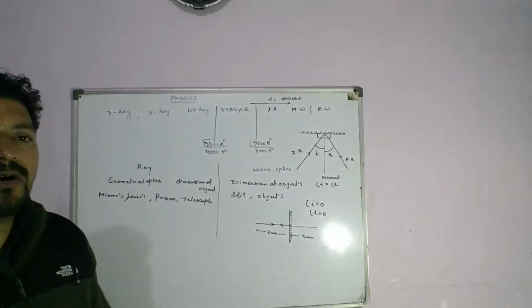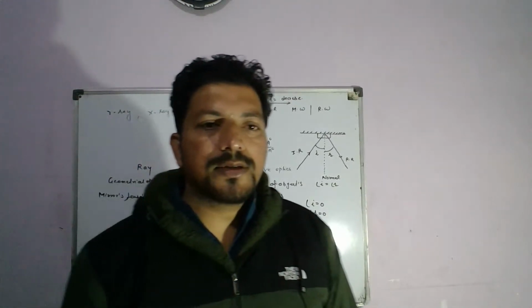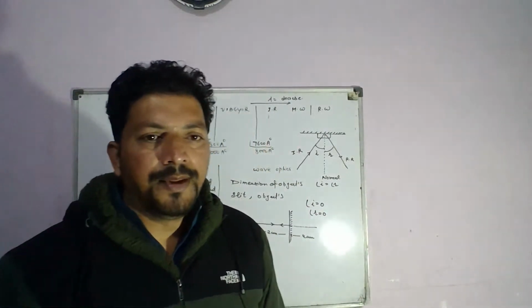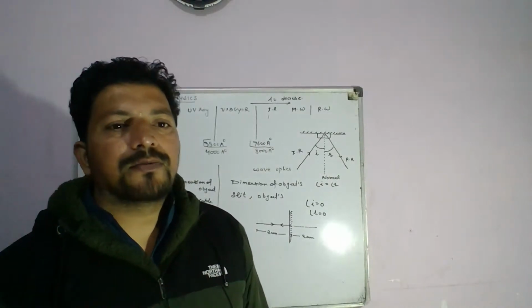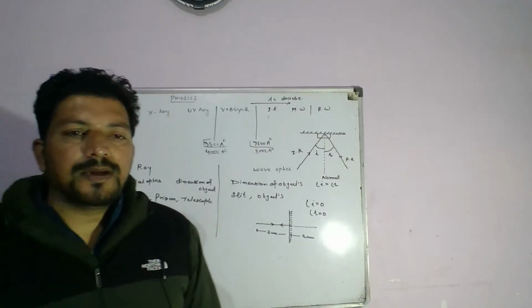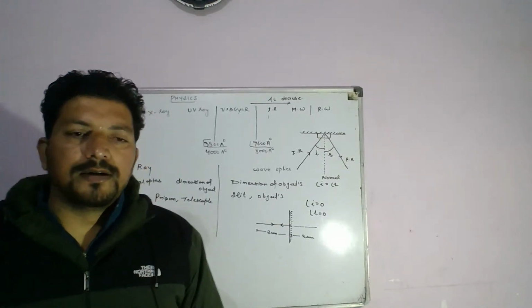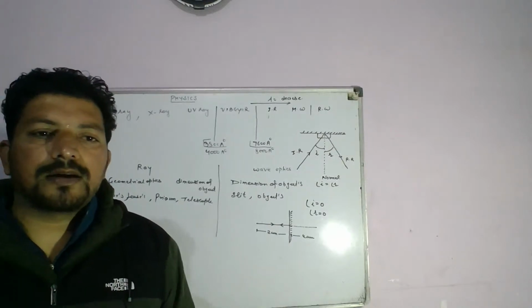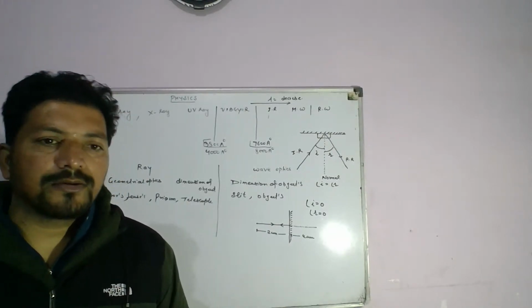First of all, we talk about the plane mirror, because in your NEET exam or your JEE exam there is one question from plane mirror. First we discuss it thoroughly, and after that I will give one shortcut method to solve the question.